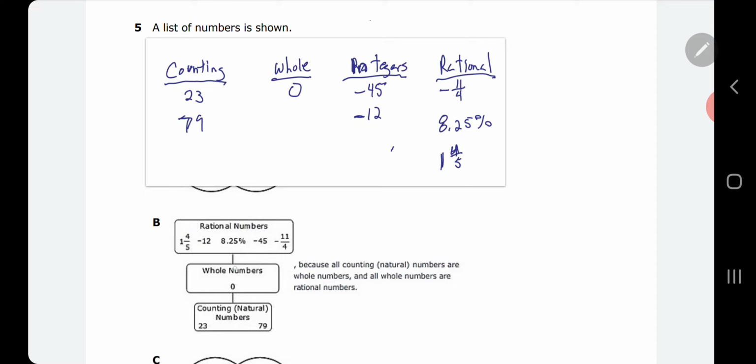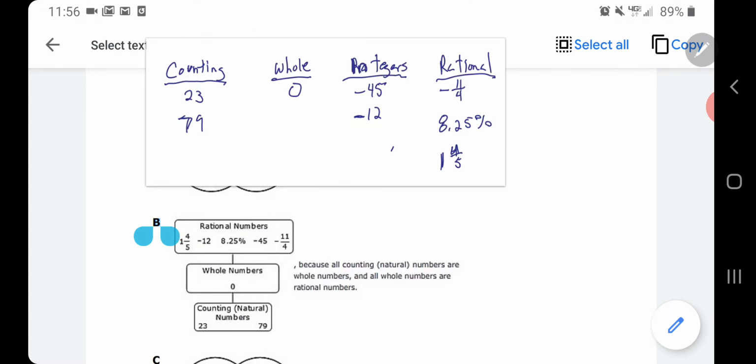And then right under that set is the whole numbers, 0, and it is showing that whole numbers are a subset of the rational numbers, which is correct. And lastly, we got the counting numbers, and it's showing that the counting numbers are a subset of the whole numbers, and 23 and 79. So B would be the correct answer. And the explanation, because all counting natural numbers are whole numbers, and all whole numbers are rational numbers. That is correct.